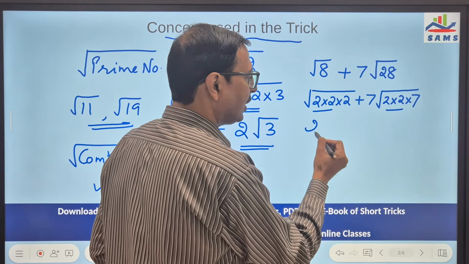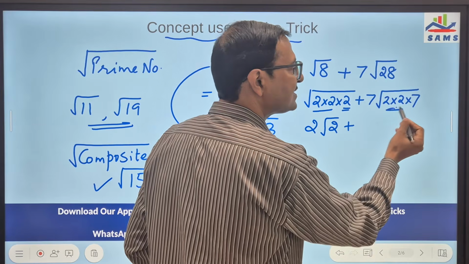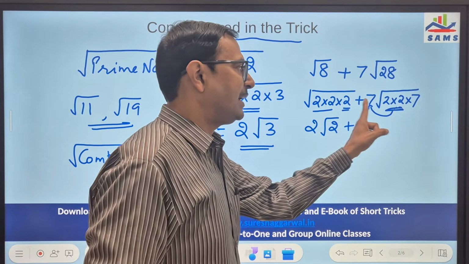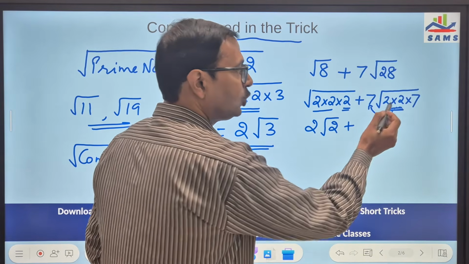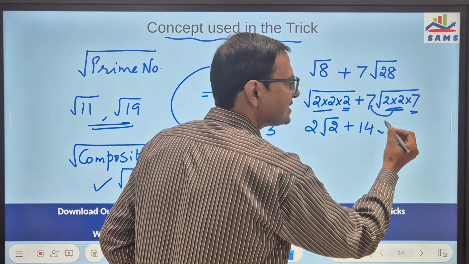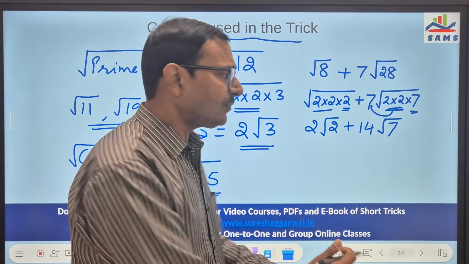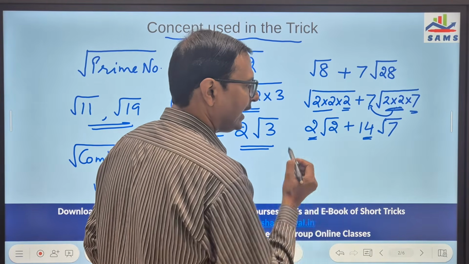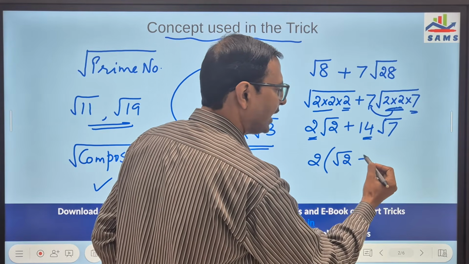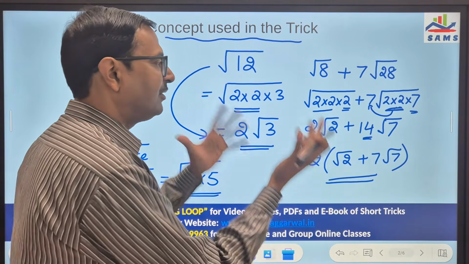So 2 comes out, this single 2 remains inside, here 2 comes out, and this is the important thing now. When the 2 comes out, there is already a number 7 which is multiplied by this radical. So 2 also gets multiplied by 7, makes it 14, and the 7 is a single factor, so remains inside. Now I can't do anything with this. Only the rational part, 2 and 14. I can actually take 2 as a common factor, which leaves me with root 2 and 7 root 7 inside the bracket, and nothing can be done further.